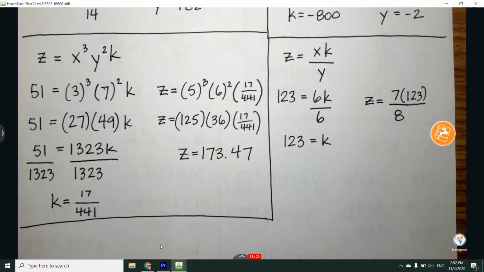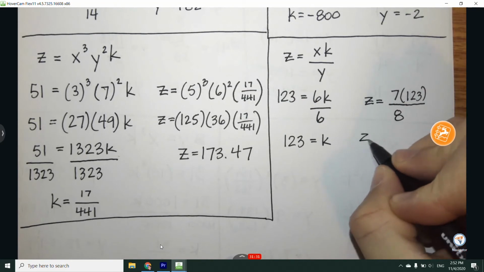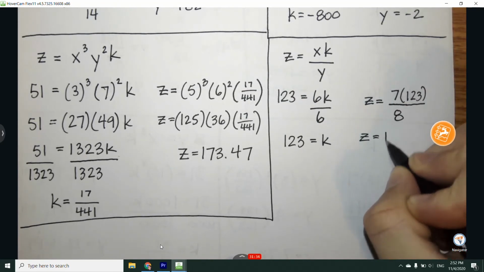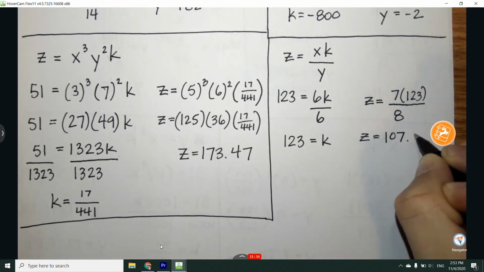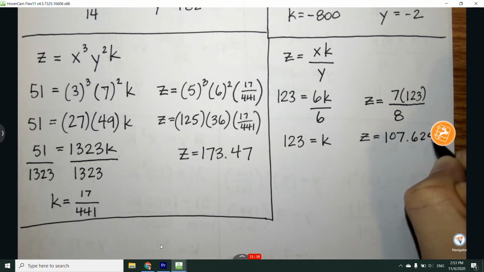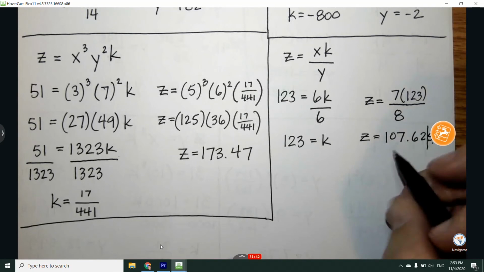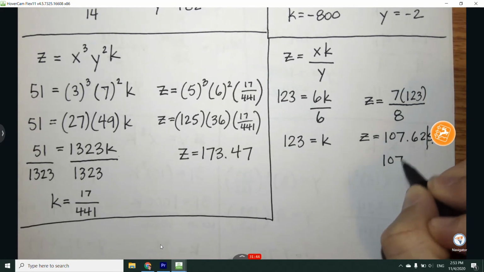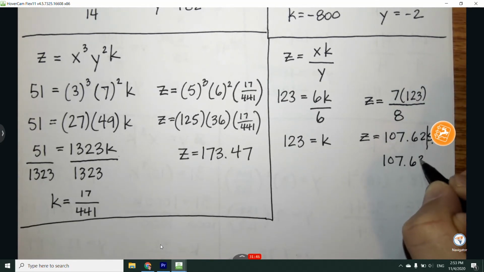So we're just doing 7 times 123, and then we're dividing it by 8. And so this gives us that z is equal to 107.625, right? We cut it off right here, so that 5 makes our 2 go up. So this is actually 107.63.